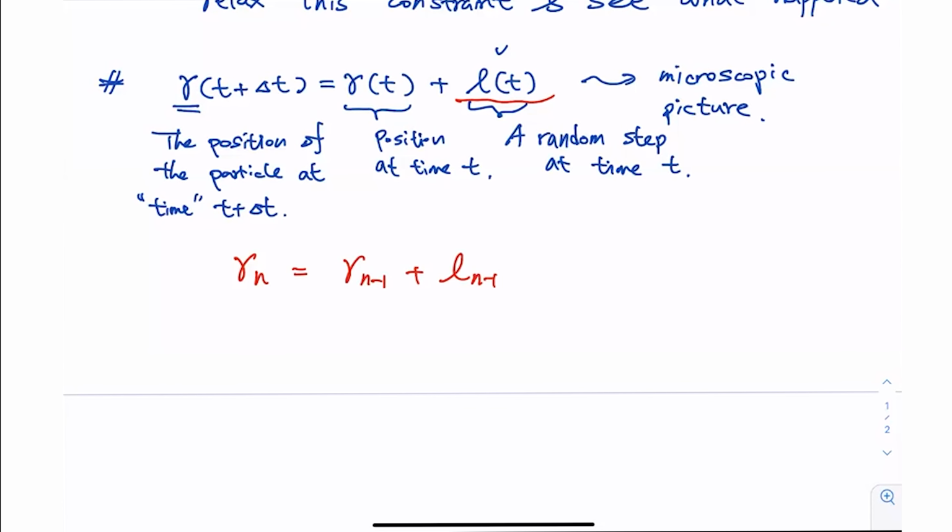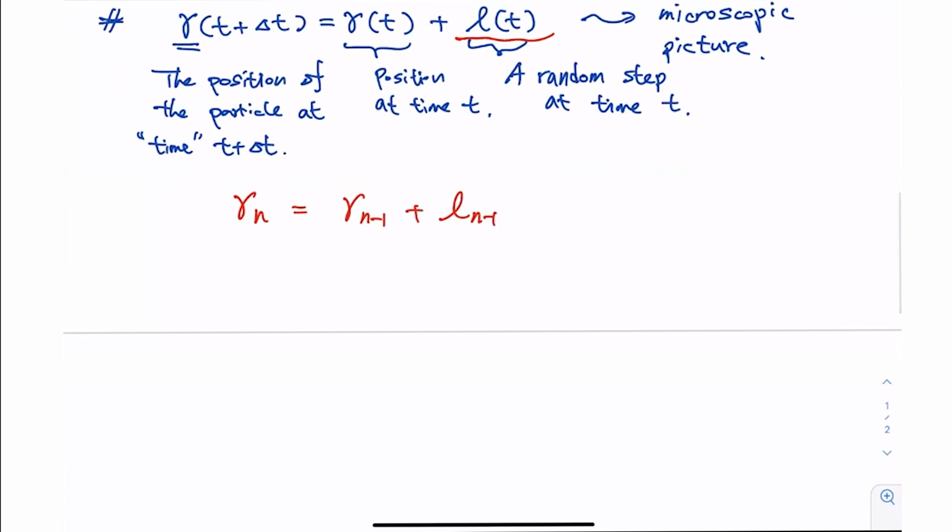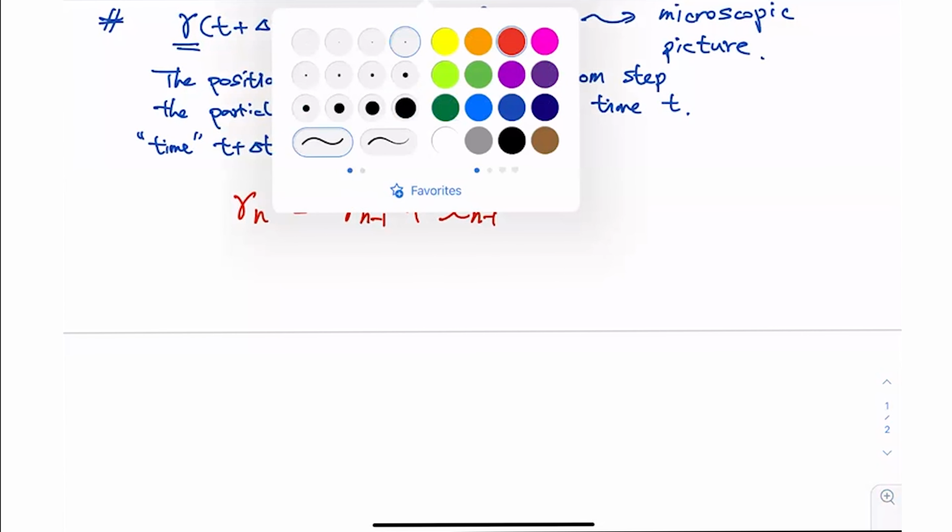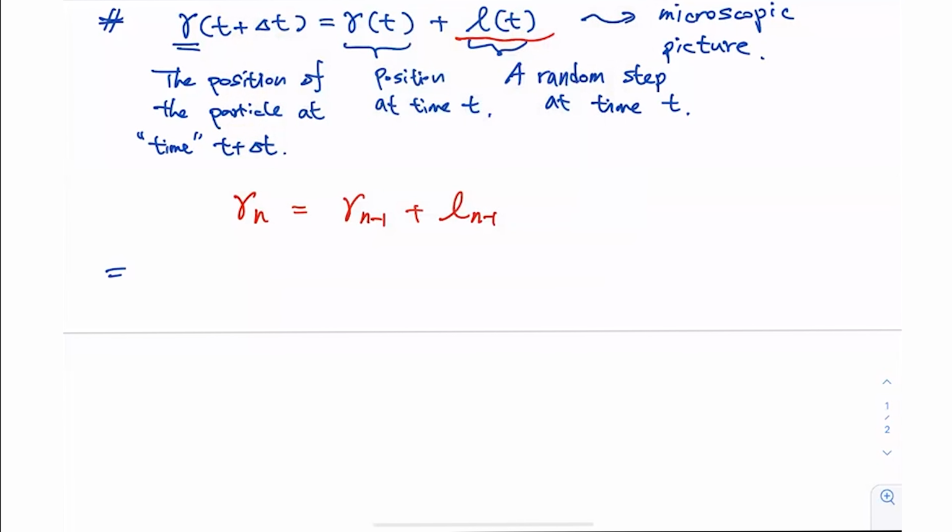Okay, good. So in order to move forward, we'll need to make some assumption about these random steps. Let me write down how to characterize this random number.